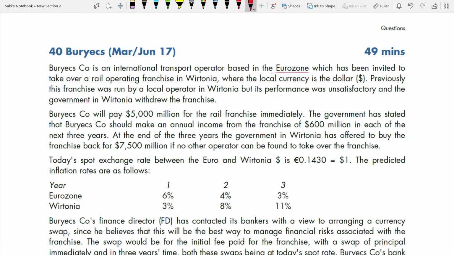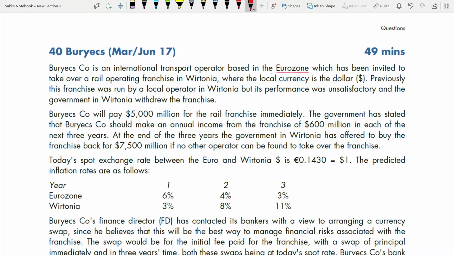It is another country where this company is invited to take over that franchise, where the local currency is the dollar. So dollar is the local currency of Vertonia, which is a foreign currency to Buryecs company.